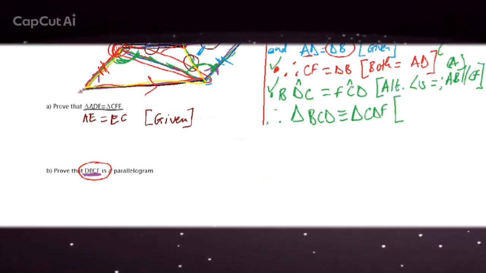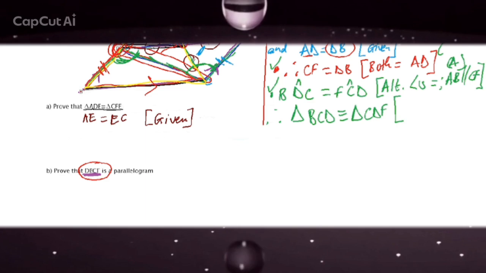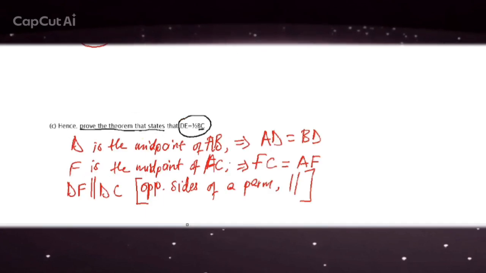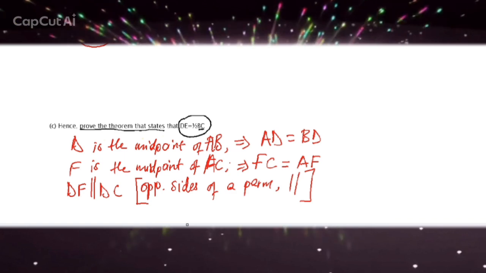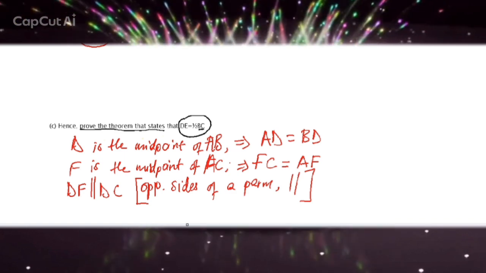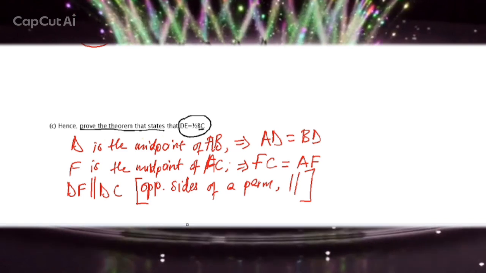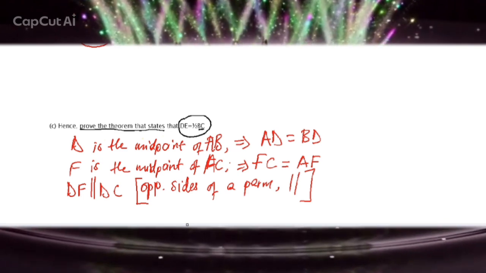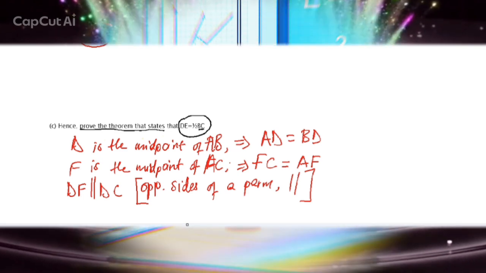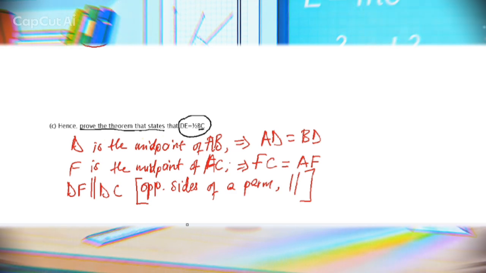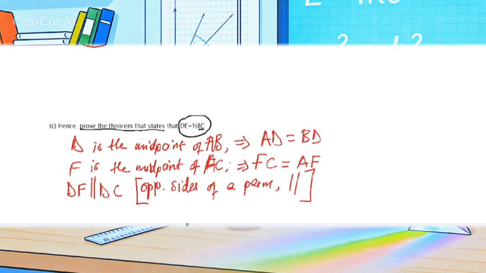DF is parallel to BC, reason being that DBCF is a parallelogram. So DF will be parallel to BC, reason being opposite sides of a parallelogram are parallel.